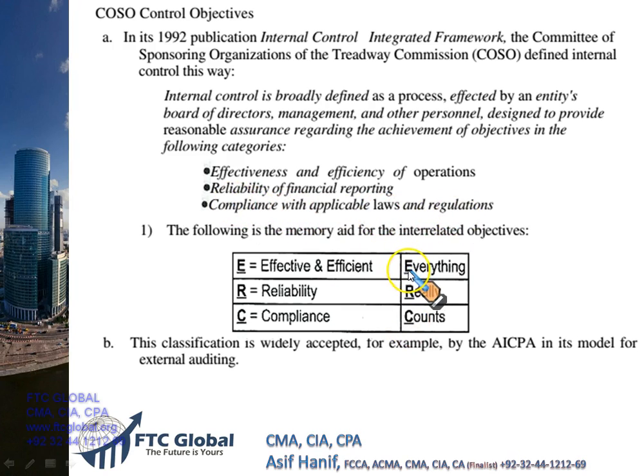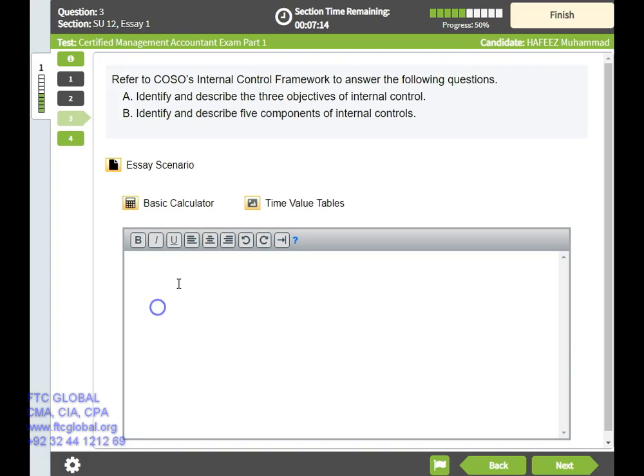In some books, it is written as ORC, which means the same: O stands for operational efficiency and effectiveness, R for reliability of financial reporting, and C for compliance. Now we can type in our responses.